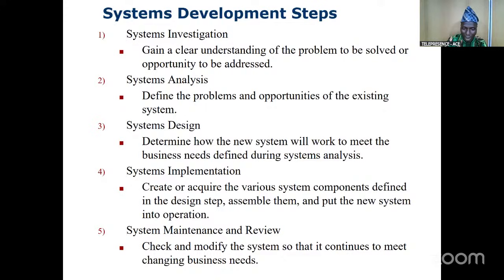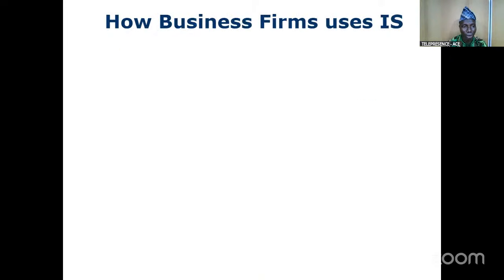Create or acquire the various system components defined in the design step, assemble them together, and put the new system into operation. Five, system maintenance and review. Check and modify the system continuously in order to meet the changing needs of the customer.